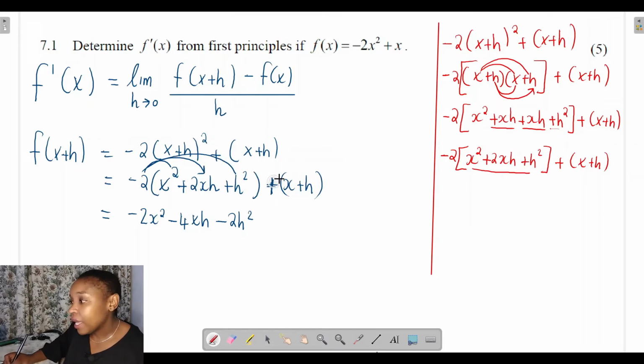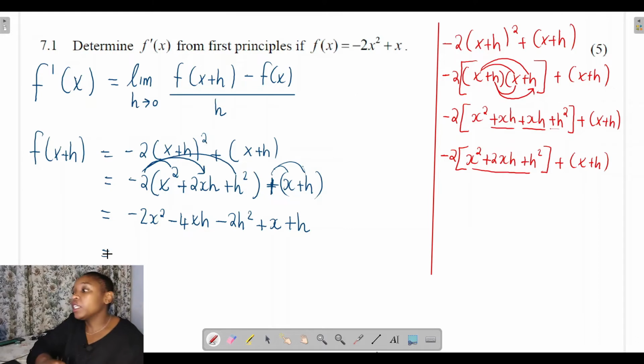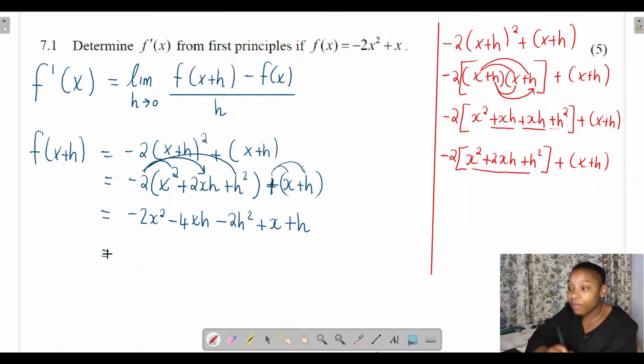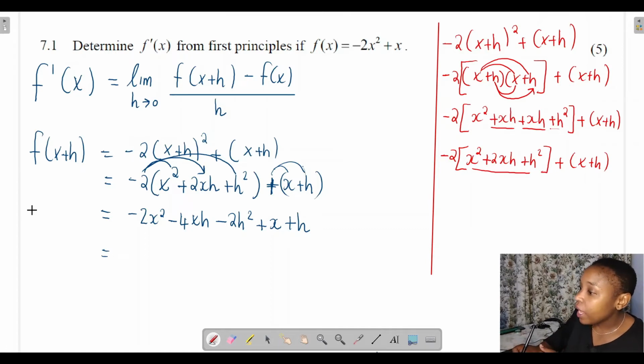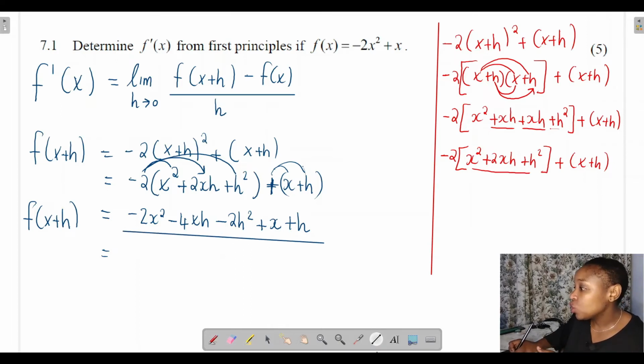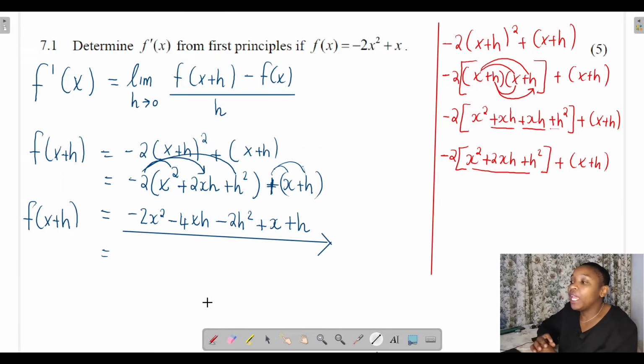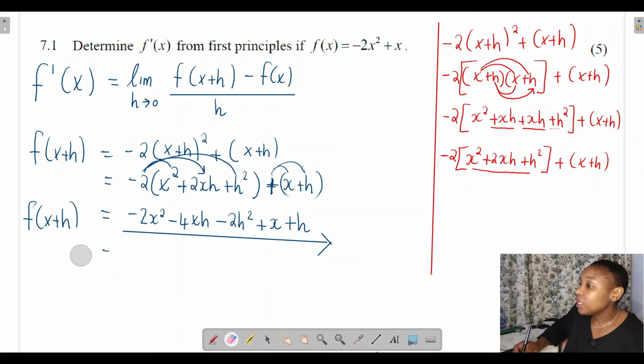Plus, you're going to multiply this positive inside, so it's just going to be plus x and plus h, okay? And then here we're going to add any like terms that we have, and we can see that we do not have any like terms. Therefore, our f of x plus h is equal to negative 2x squared minus 4xh minus 2h squared plus x plus h. Okay, so now what do we do with this information?